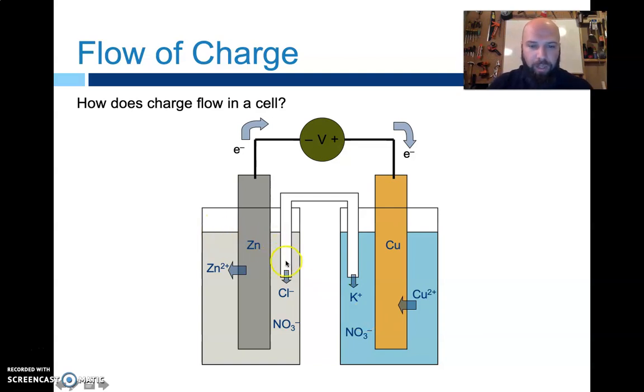The chlorine will then go into the other solution so that the salt bridge doesn't have a net charge, and that causes the zinc to leave the solid and become ions into that solution. The zinc electrode is balanced by electrons leaving and joining this copper electrode to again cause that flow throughout the whole cell.